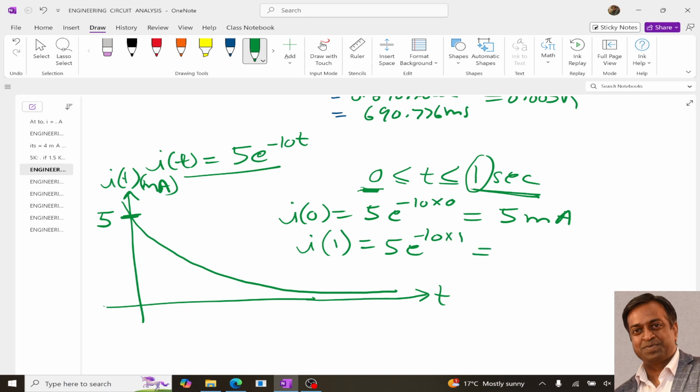So for this we get 5 e power minus 10. Let me calculate e power minus 10, into 5, right?